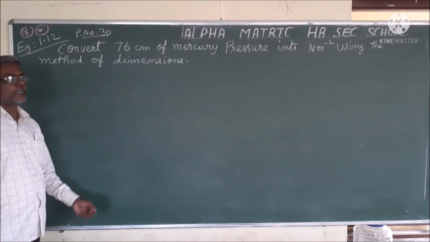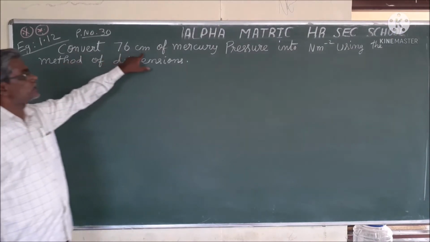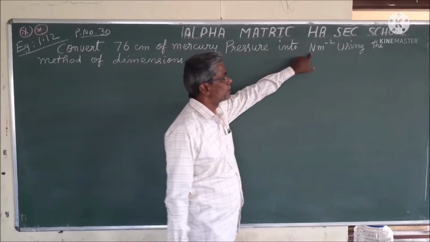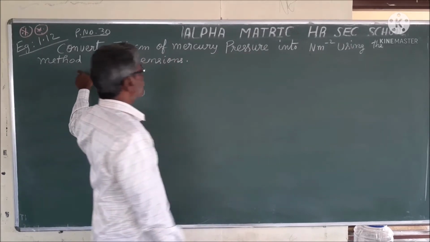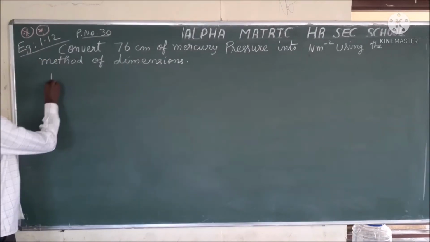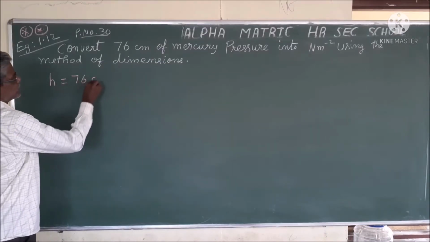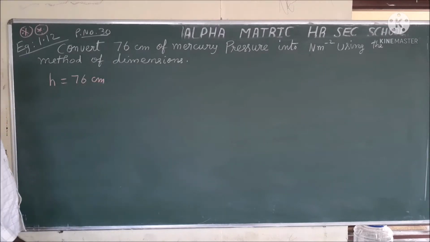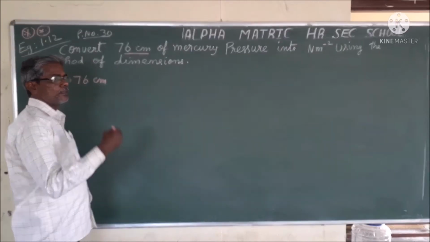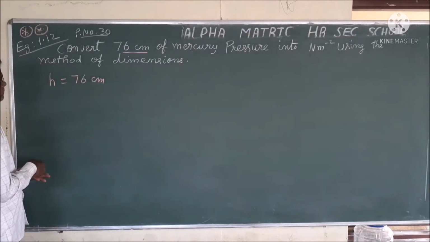Now we will see an example. Convert 76 cm of mercury pressure into newton per meter square using the method of dimensions. So what is given? Height is given, 76 centimeter. This centimeter is in the CGS system.